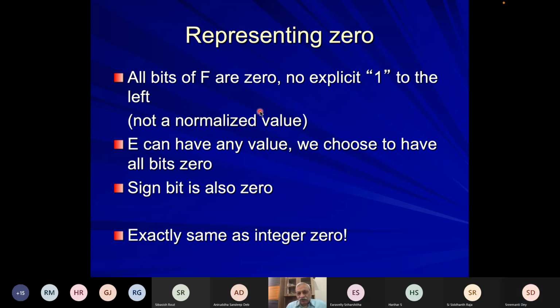So since it is 0, it remains an unnormalized value. So 0 is a very special case, and for convenience, we have chosen all this so that the representation of integer 0 and floating point 0 is the same.